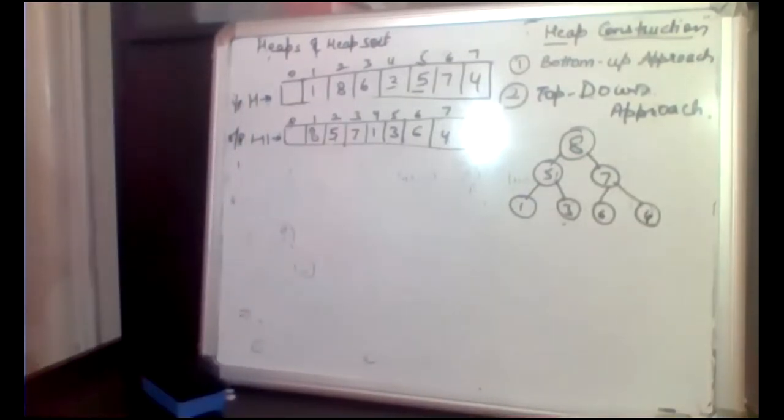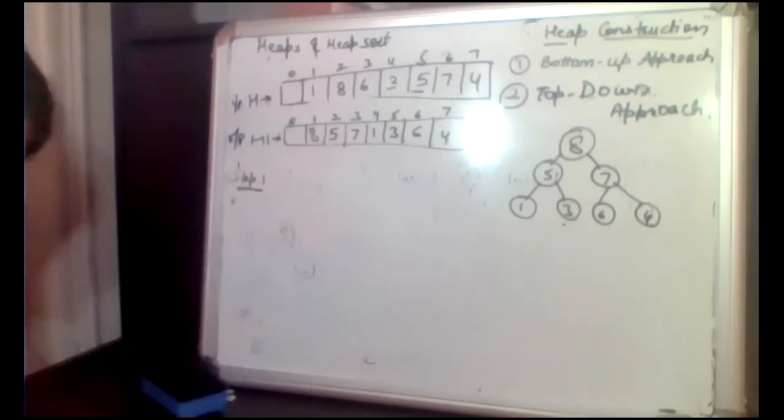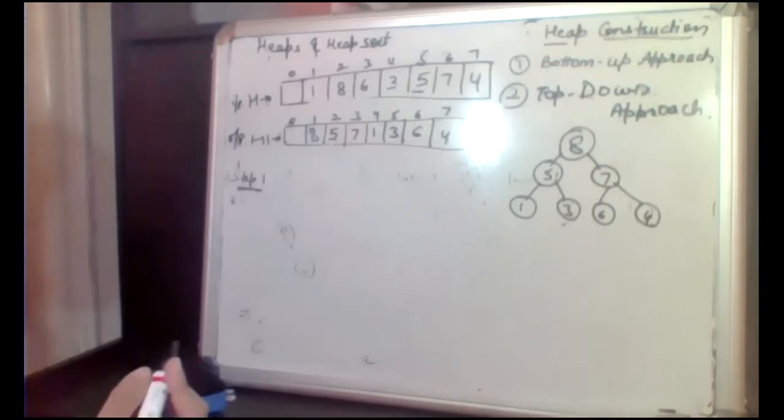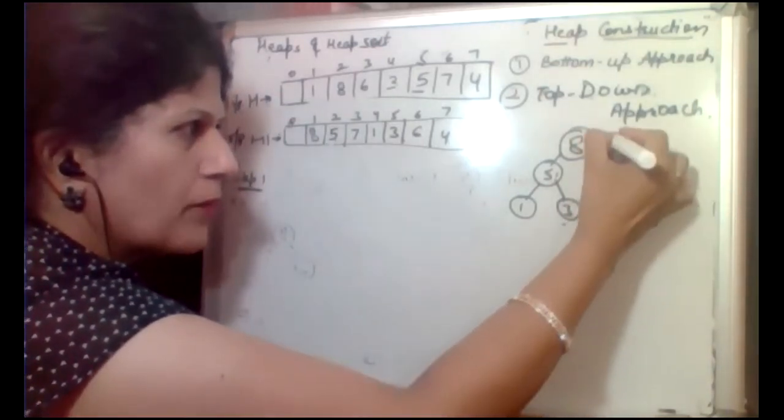The deletion from a heap works in 3 steps. Step 1 says to exchange the root key with the last key of the heap. That means these two will be exchanged.